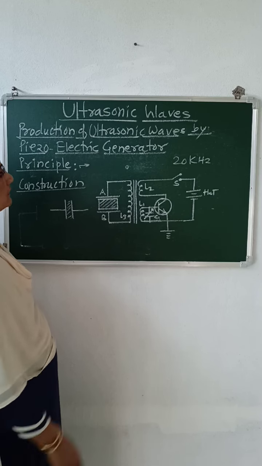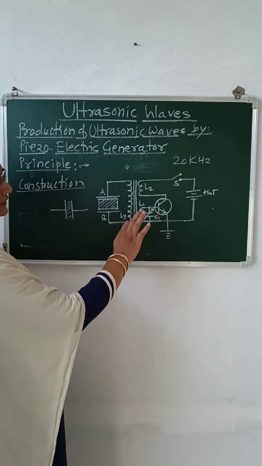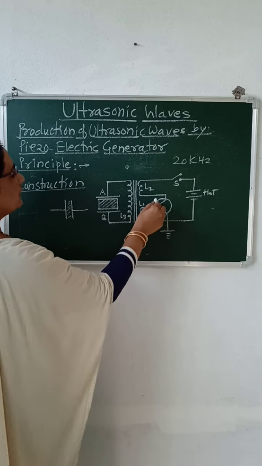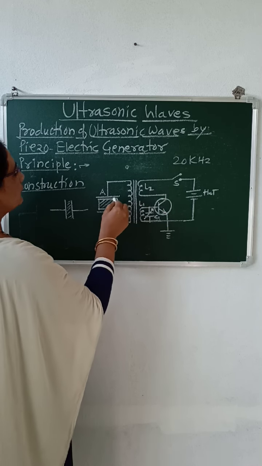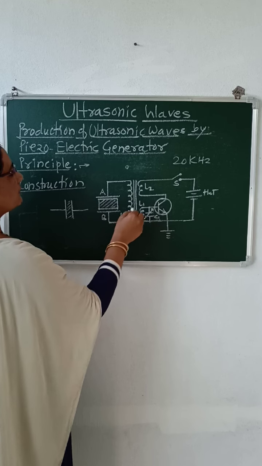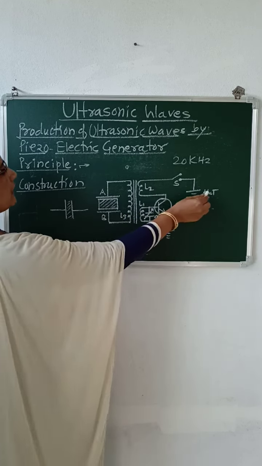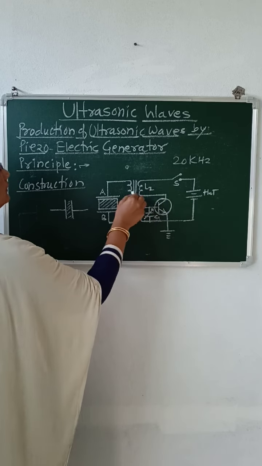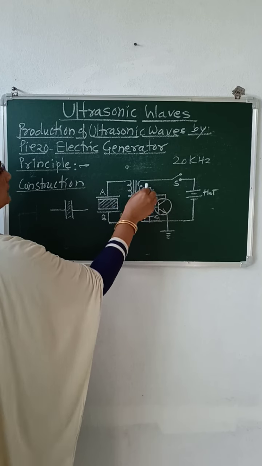Now when the circuit is switched on, the output of this transistor is coupled to the coil L3 by means of coil L2, and as the high voltage supply is applied, due to this high voltage, a high output is generated.